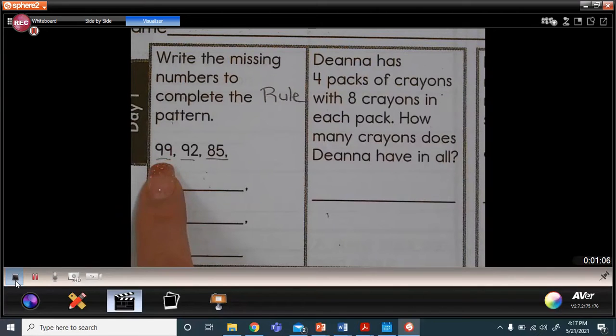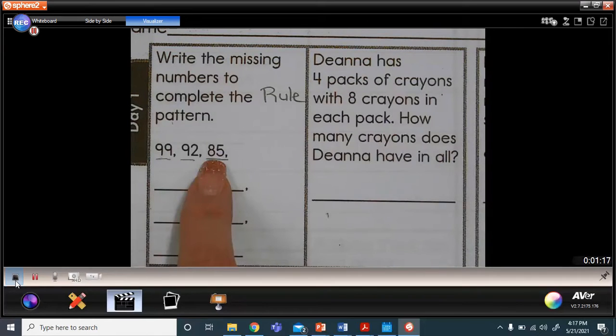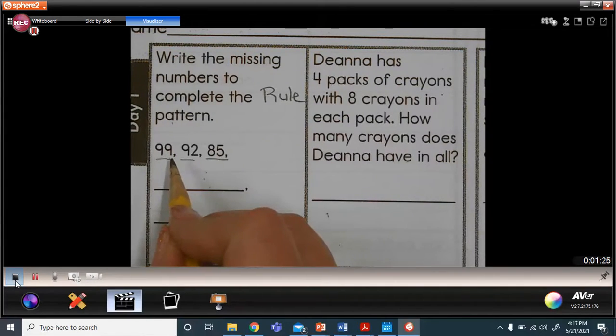So if I have 99, 99 is greater than 92, so we have decreased our amount. 92 is greater than 85. So again, we're decreasing, going back a little at a time. Let's check how much we are decreasing.